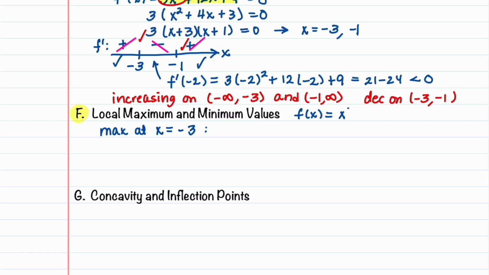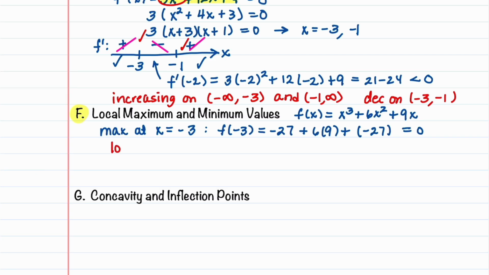It is x cubed plus 6x squared plus 9x. Now we're going to find f at minus 3. Minus 3 cubed is minus 27. And then we have 6 times minus 3 squared, which is 9, plus 9 times minus 3, which is minus 27. And this is equal to 0. So we can say that we have a local max at minus 3, 0.